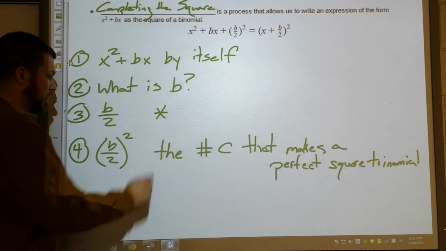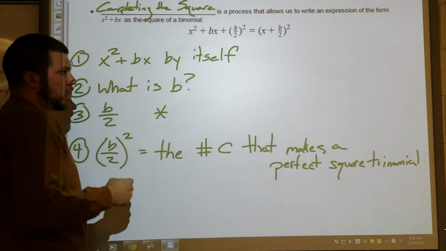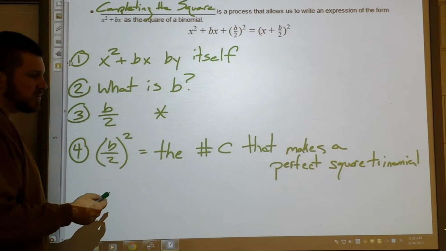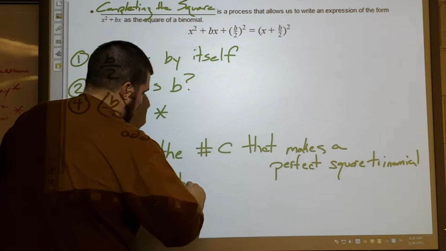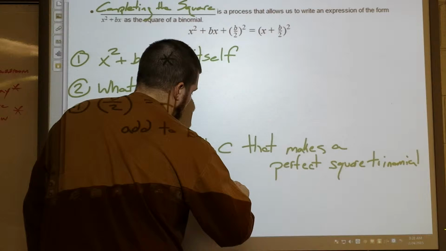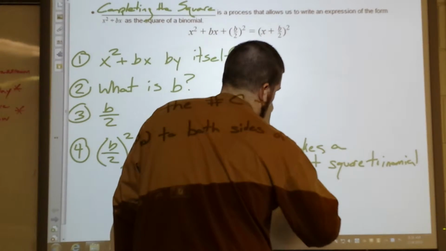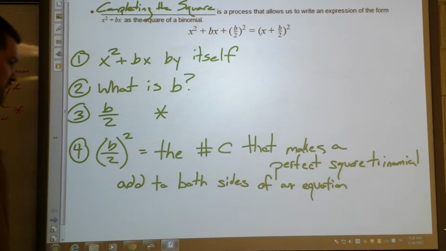Okay? And what we're going to do with this b divided by 2 squared, which I'm going to call c from now on, is we're going to add it to both sides. Because what you do to one side, you have to do to the other.